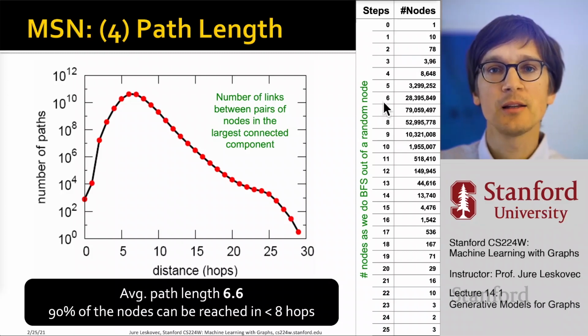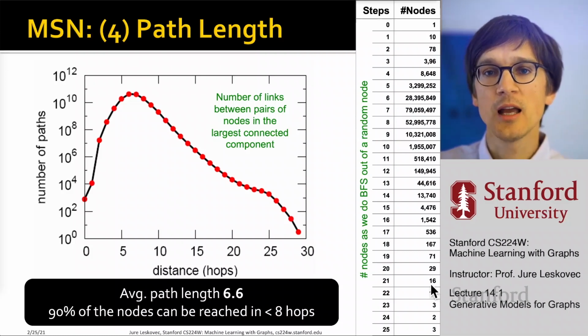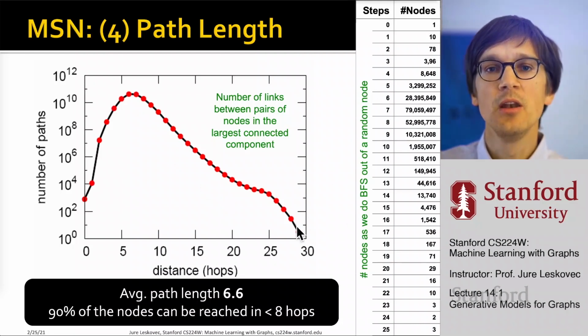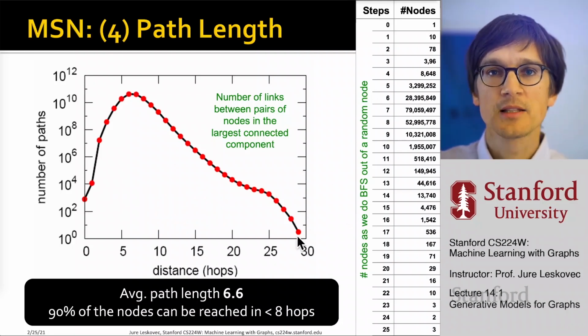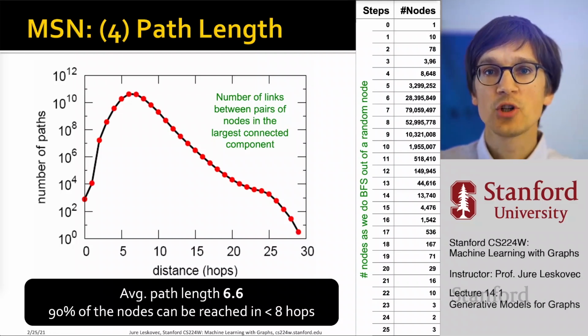For example, at steps 6, 7, and 8, I can reach 28 million, 80 million, 52 million, and then you see how this quickly decays, where at hop distance 25 I could still reach 3 more nodes. Notice again this kind of shape demonstrated by this single node example. So this is what I wanted to show in terms of the shortest path length.